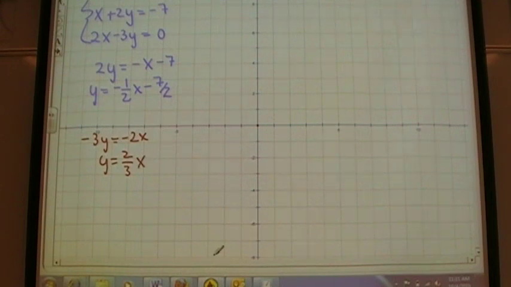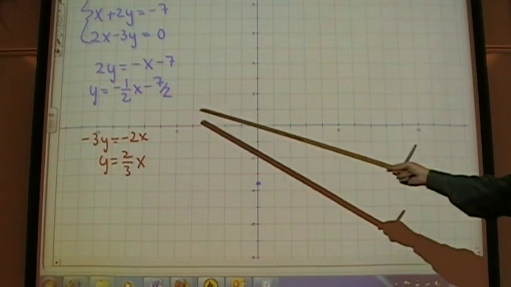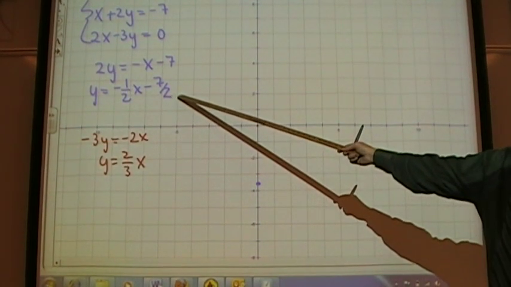And going back to the first one, what is your y-intercept? -7/2, which would be -3 1/2, correct? It'd be about right here. -7/2 is your y-intercept, which is -3.5.